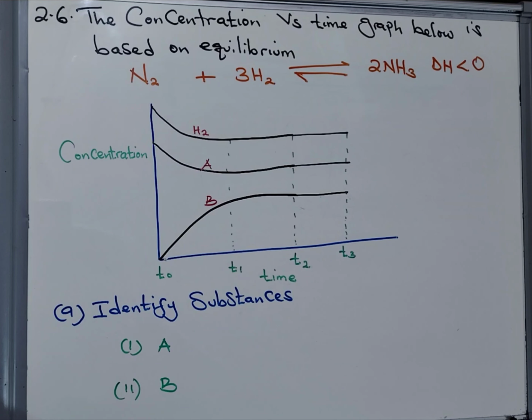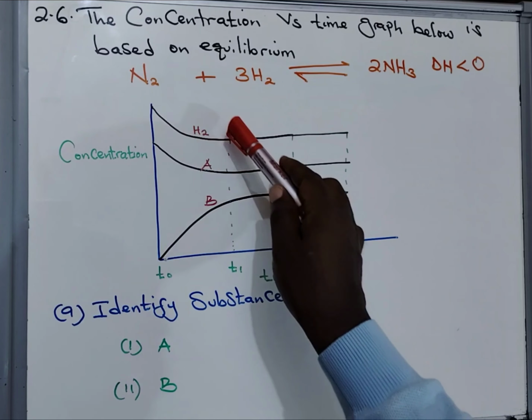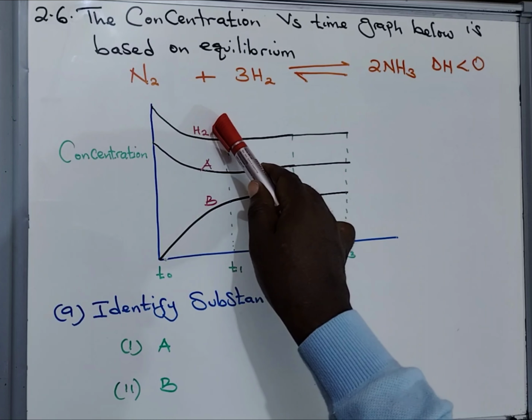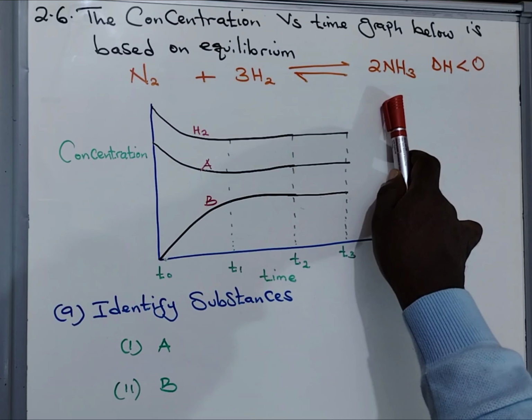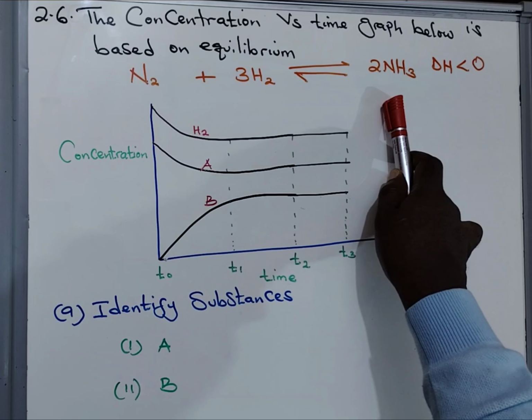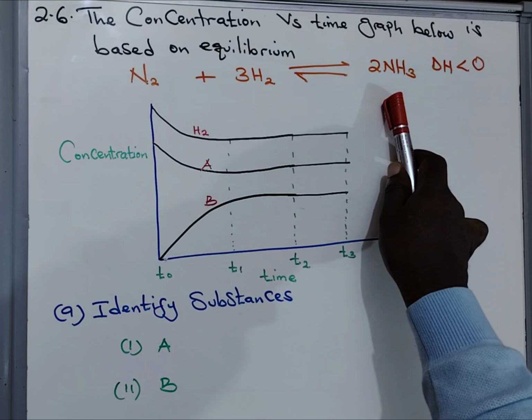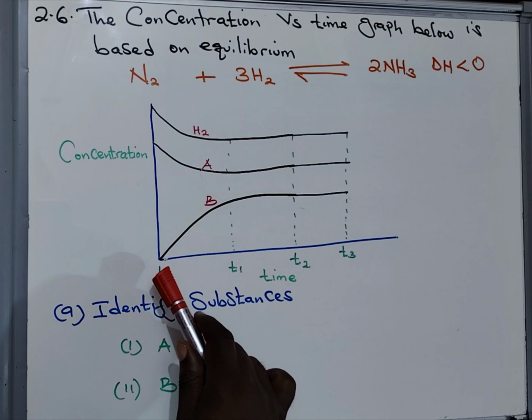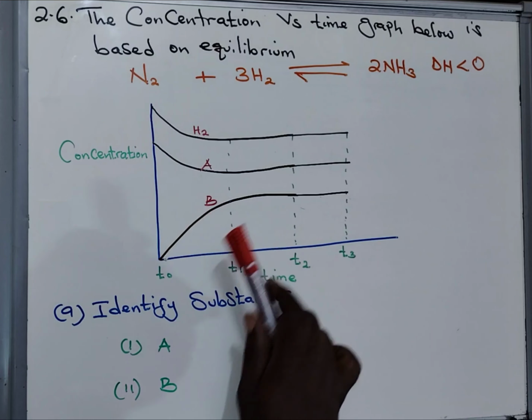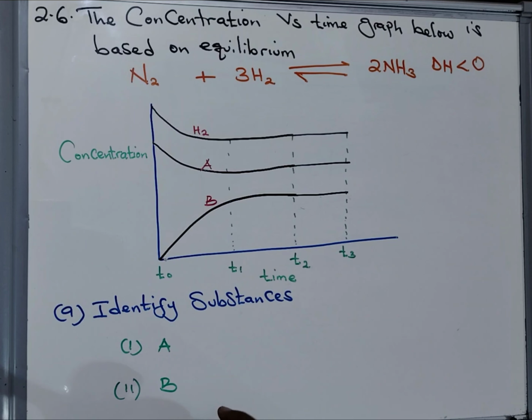And hydrogen has been identified. So we are remaining with hydrogen and ammonia. But we need to remember that ammonia is a product. And according to this graph, B is the product. Why do we say so?